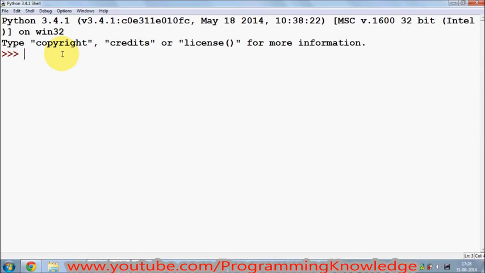Like simple mathematics, Python can also do the maths for you. So for example, if you want to add 5 plus 98, it will give you the answer 103. You can even add negative values, so minus 34 plus 4, for example, and it will give you the answer minus 30.